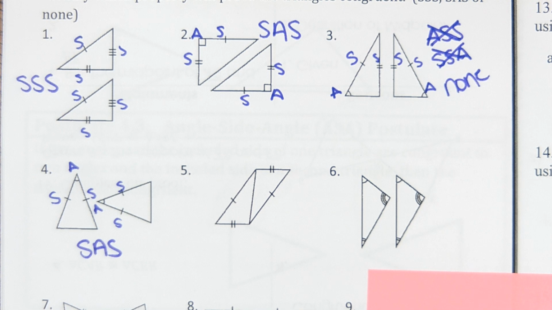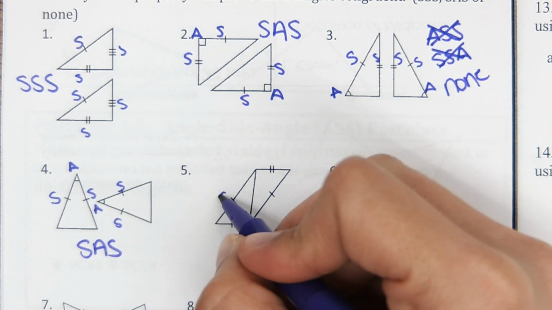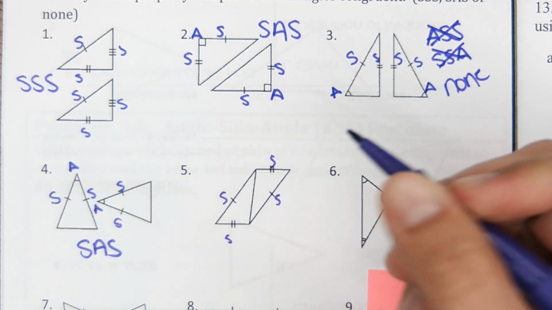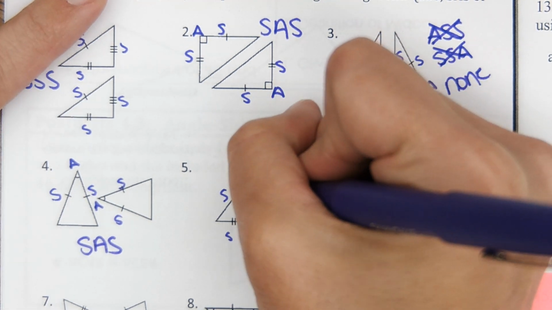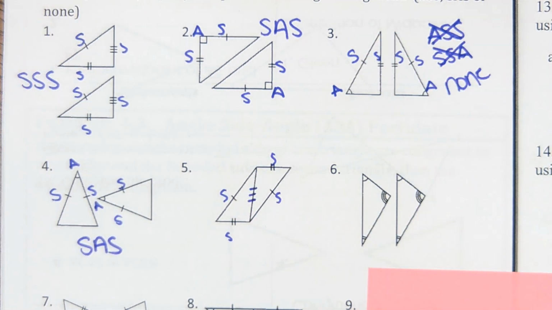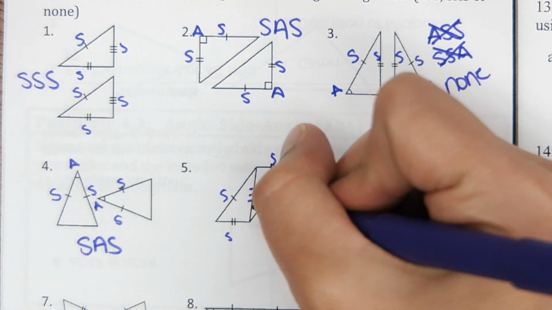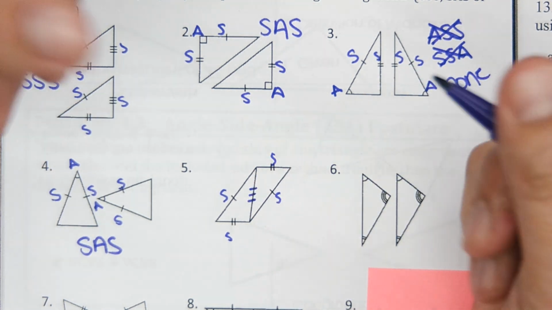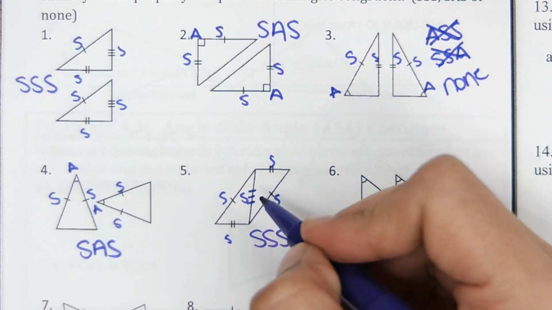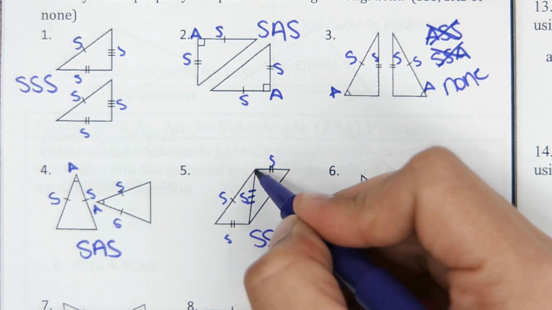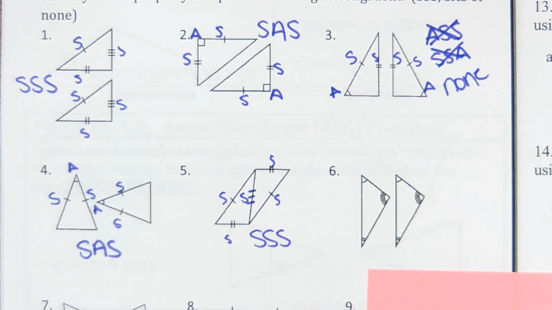Then for number 5, it shows a side and a side in common here. And then they also have a shared side. So that shared side would obviously be equal to itself. Reflexive property is the property that would say this is equal to itself. So here we have side, side, side. So even though that third side wasn't labeled, we know that a line is equal to itself. So it must be side, side, side.